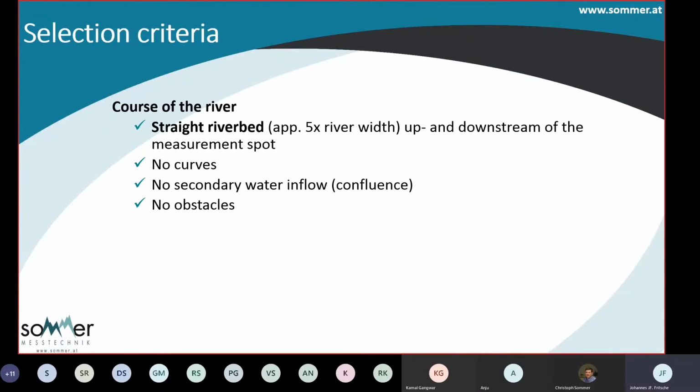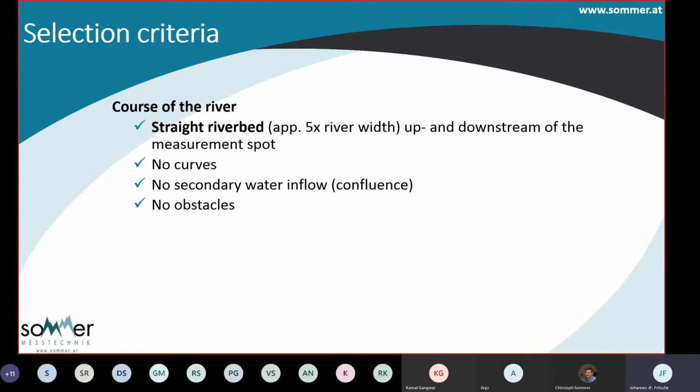And the place should be a straight riverbed. So when looking up and downstream of the measurement spot, the river should be straight for at least 5 times the river width. So let's say if your river is 10 meters wide, then your river should be about 50 meters upstream and 50 meters downstream, pretty much or more or less straight.